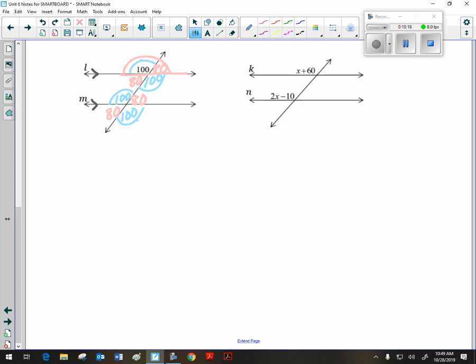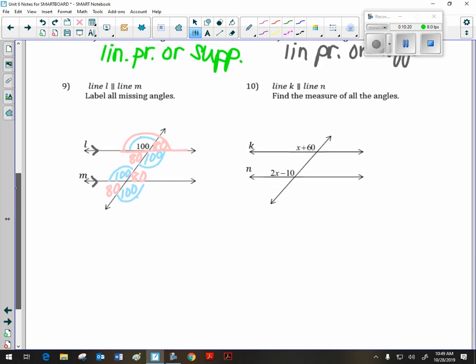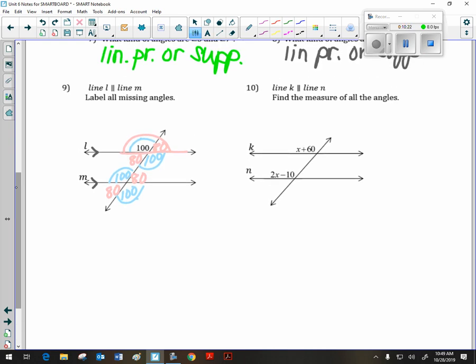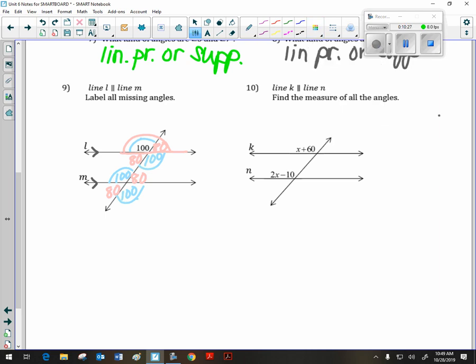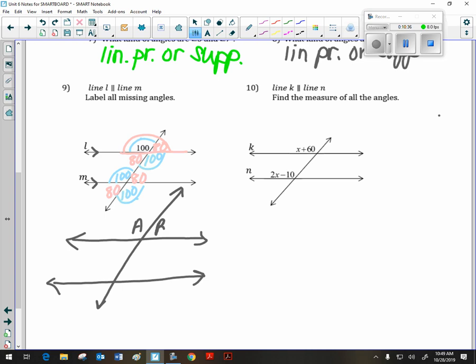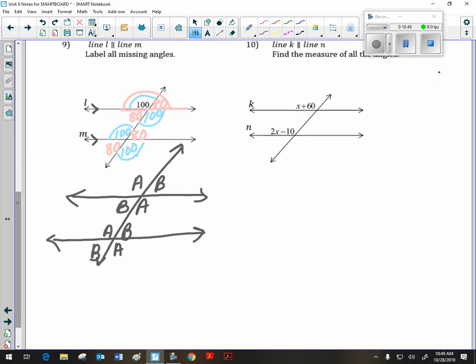Now, I have a little shortcut that I like to use on this. We'll probably talk about it again later, but I'll show that to you now. If you have two parallel lines cut by a transversal, and you label all the angles A, B, A, B all the way around clockwise, always starting in the same place, this will help you determine whether the angles are equal or supplementary.